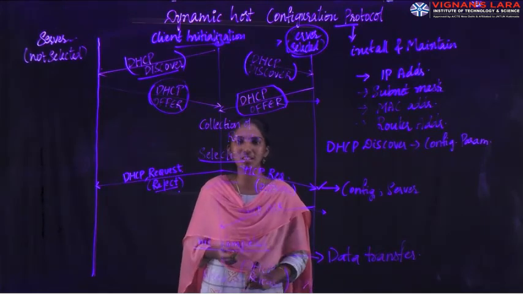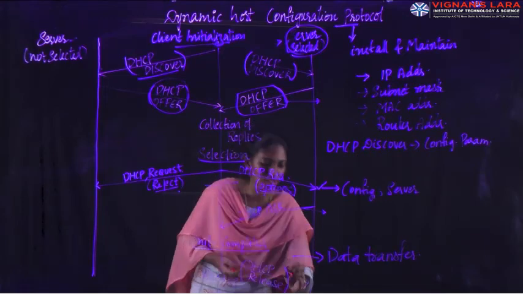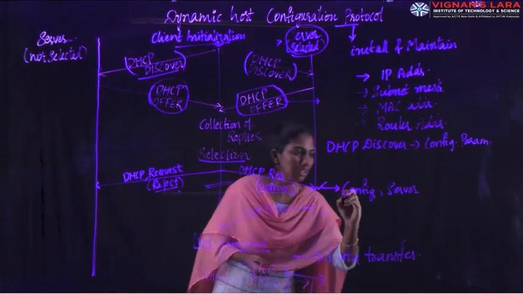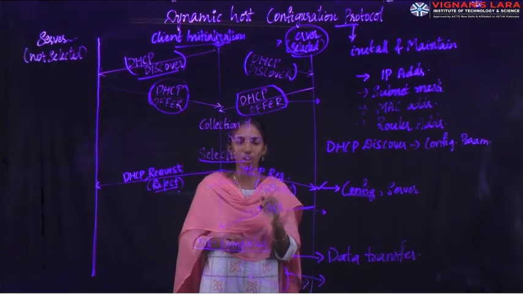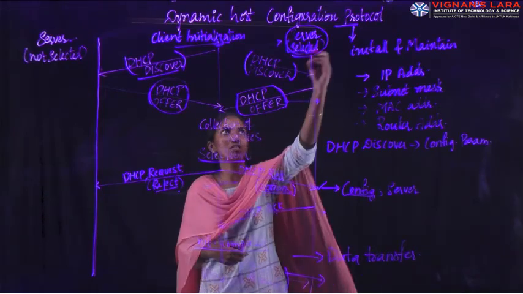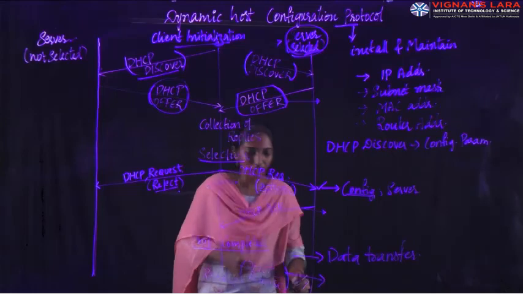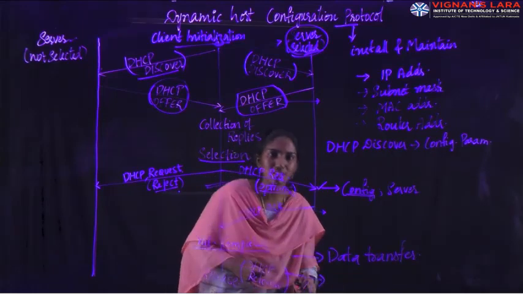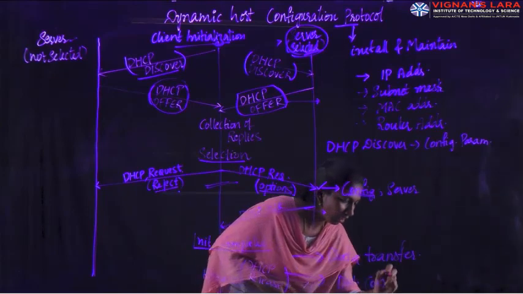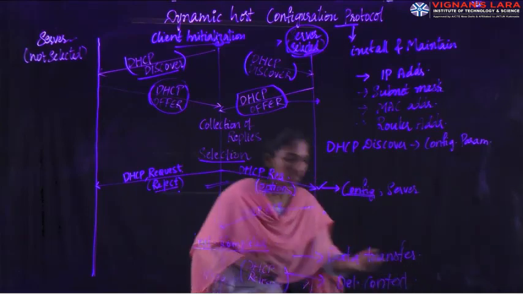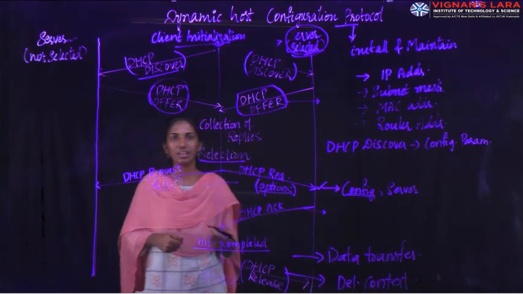DHCP release indicates that all the configuration parameters of this system will be deleted from the server itself. So at the stage of DHCP release, it is going to delete the context. Okay, so this is the procedure in DHCP.